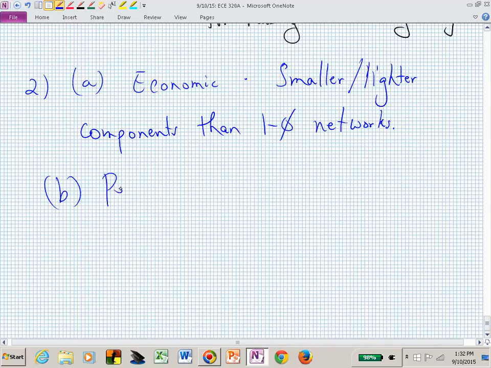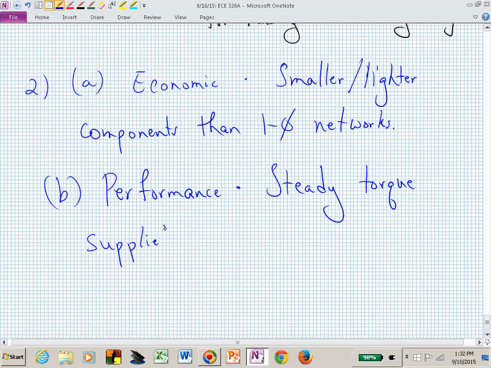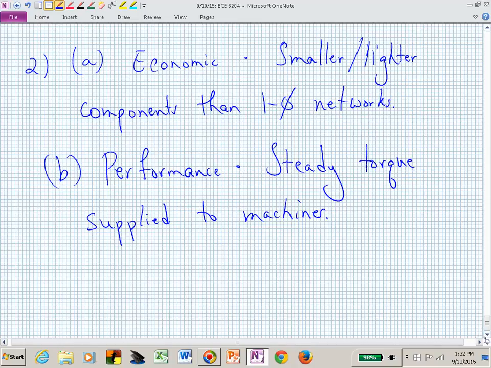Also, the performance is better. In a three-phase system, we won't necessarily show it, but we actually have a steady torque supplied to the machines. If you remember looking at some of those sinusoidal power curves, they were just going up and down, up and down, up and down at twice the frequency of our voltage and current.